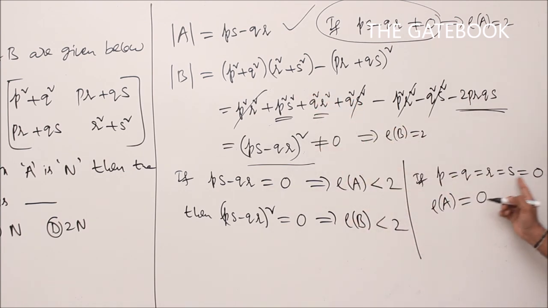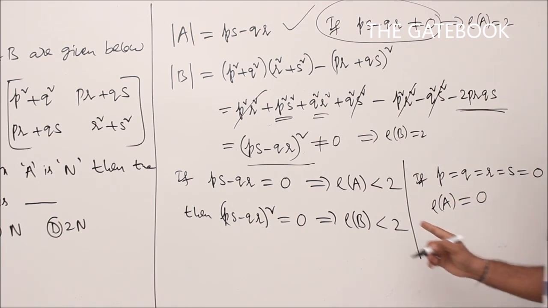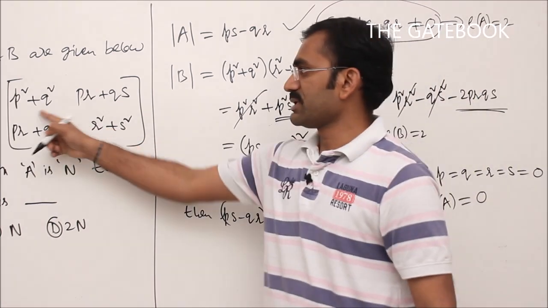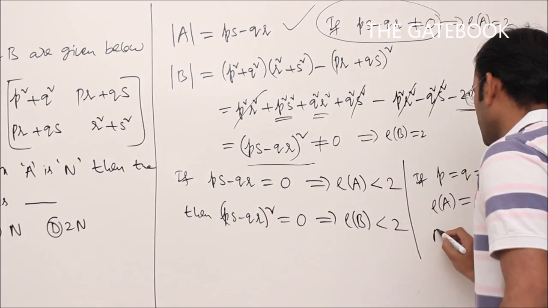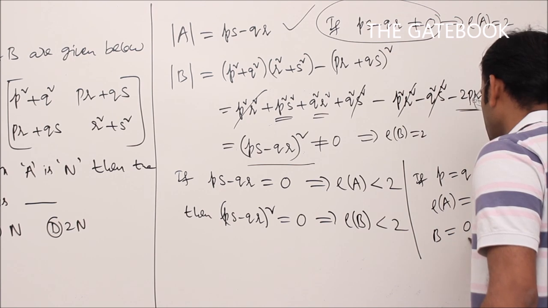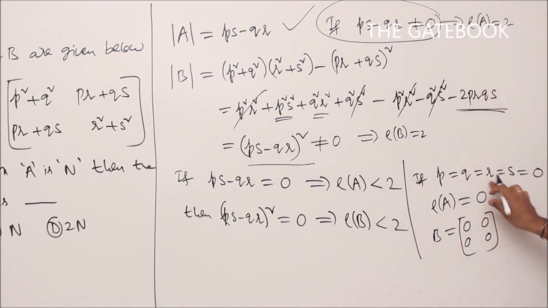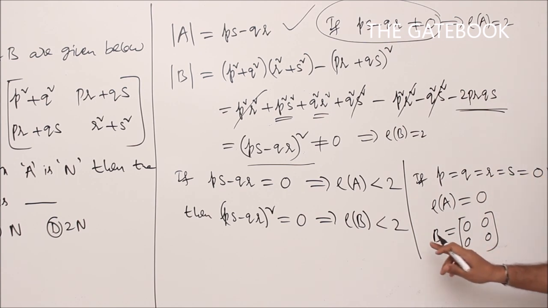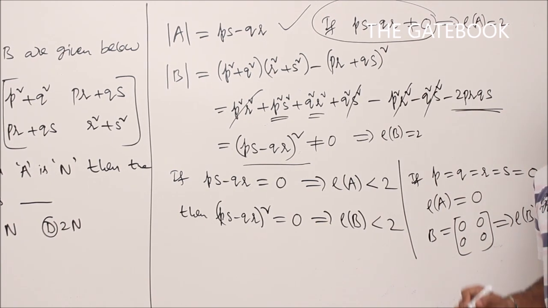If P, Q, R, S are 0, then the elements of B also become 0. B also will be a null matrix. So in that case I can say that rank of B is also 0, since the rank of a null matrix is 0.